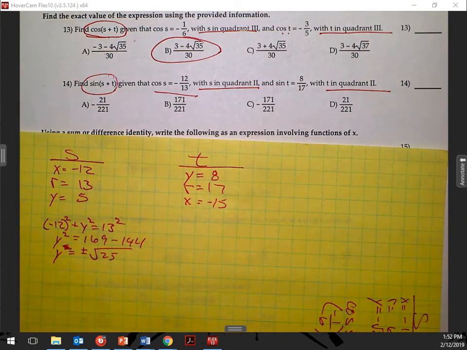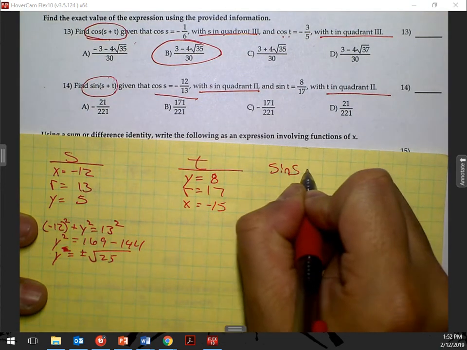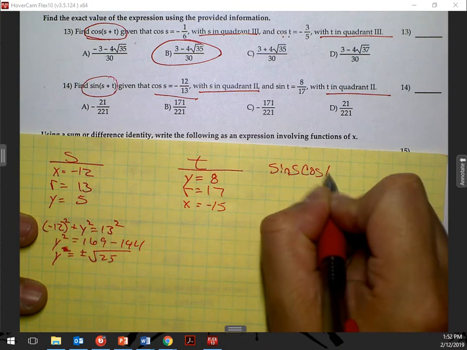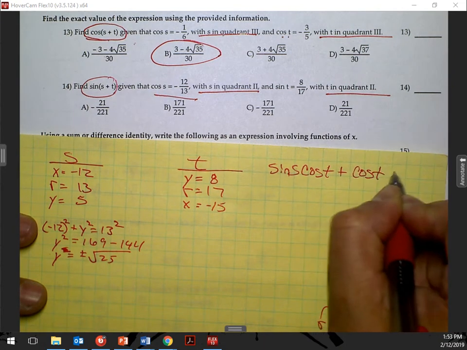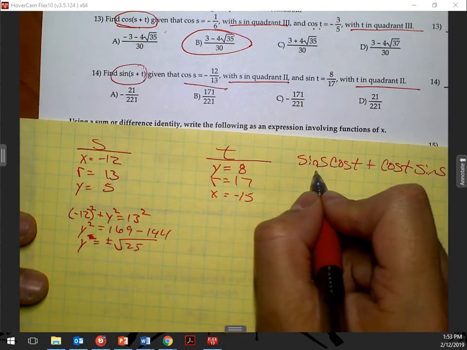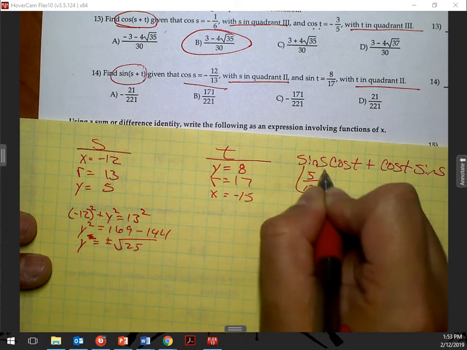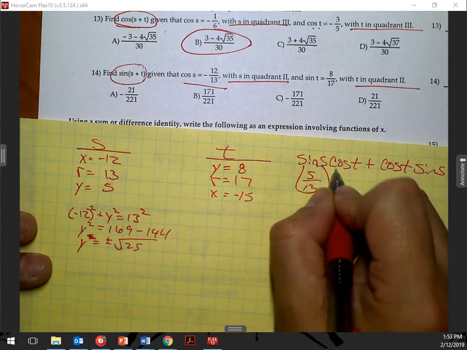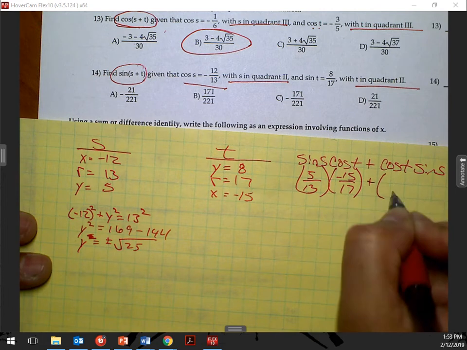So it's sine s cosine t plus cosine t sine s. So sine of s, 5 over 13, cosine t, negative 15 over 17, plus cosine t.